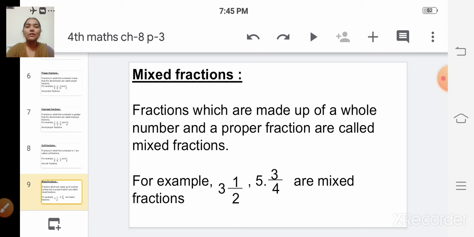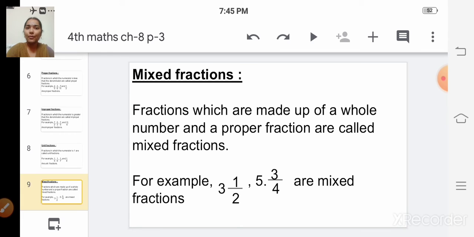The next one, mixed fractions. Fractions which are made up of a whole number and a proper fraction are called mixed fractions.